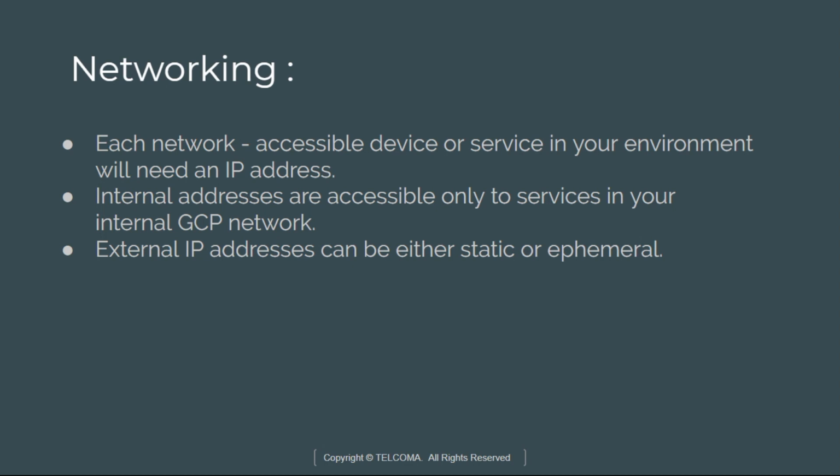Each network accessible device or service in an environment needs an IP address. Devices within Google Cloud Platform can have both internal and external addresses. Internal addresses are accessible only to services in your internal network, and external ones can be static or ephemeral. When working in the cloud, we need to work with networking between your cloud resources and your own premises systems. When we have multiple virtual machines running in an environment, we are likely to manage the IP addresses of these.